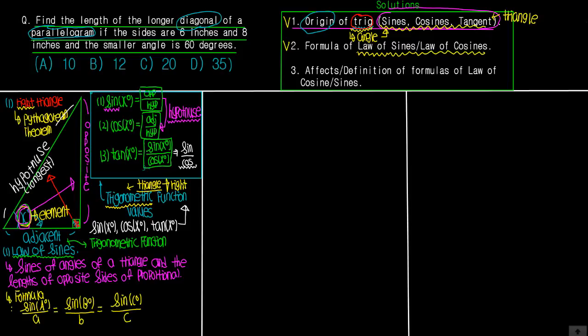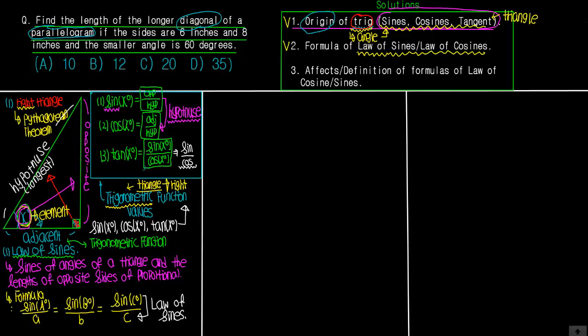This is what the law of sines is, which is one of the most useful, or we can say the hardest, parts of our geometric functions. It is the law of sines.